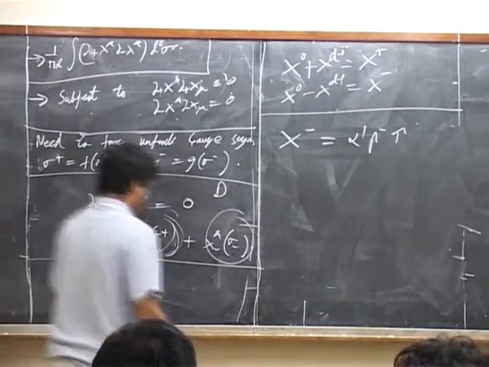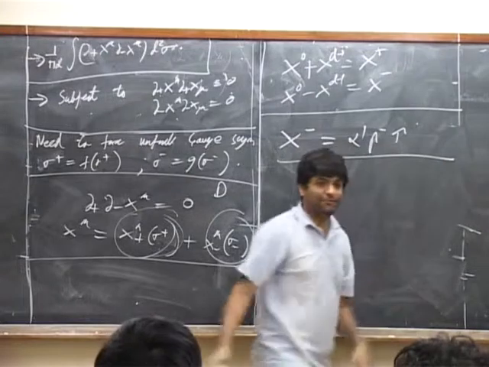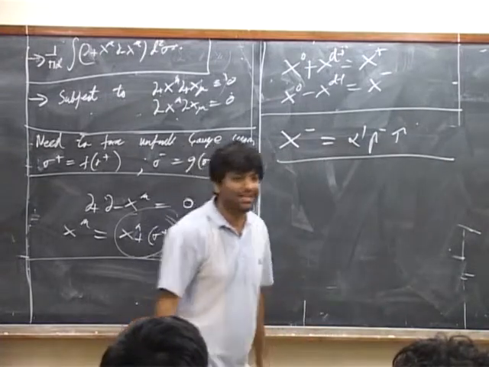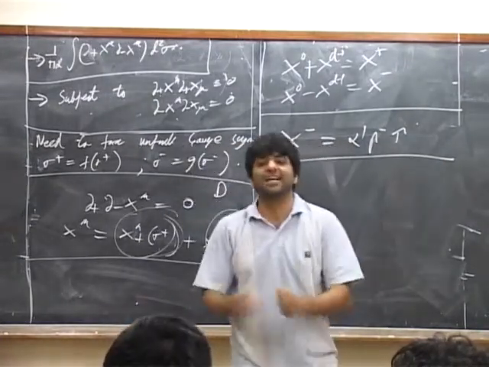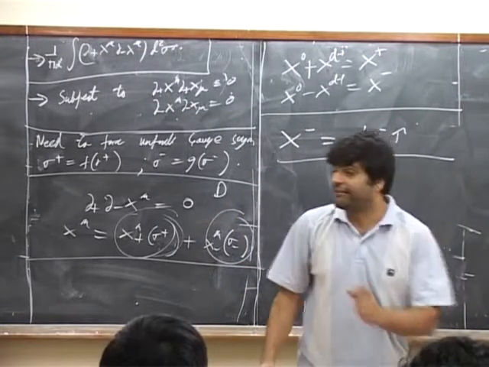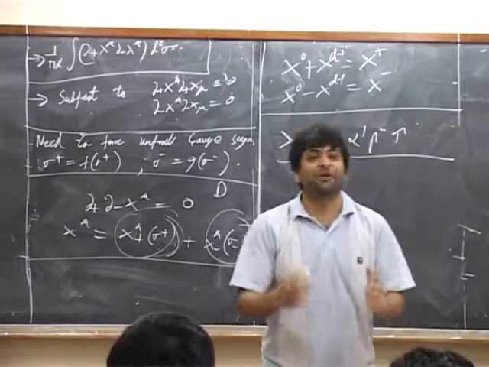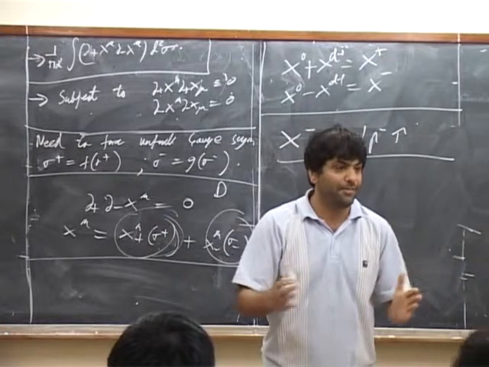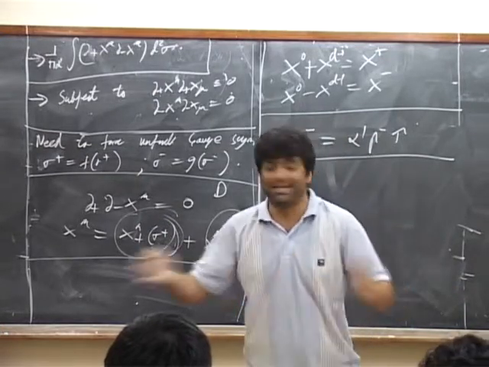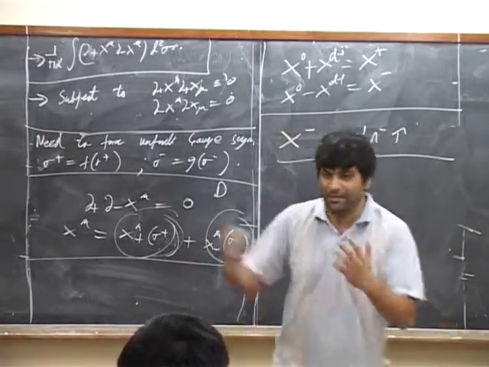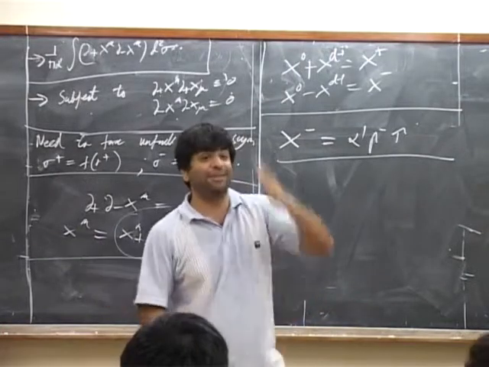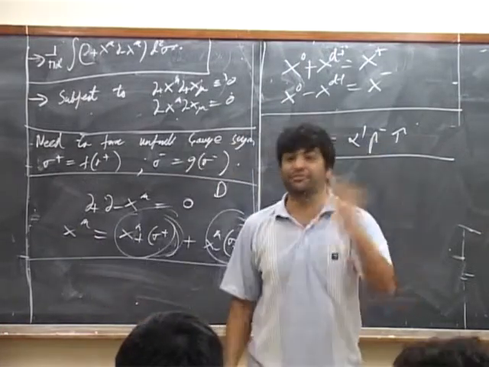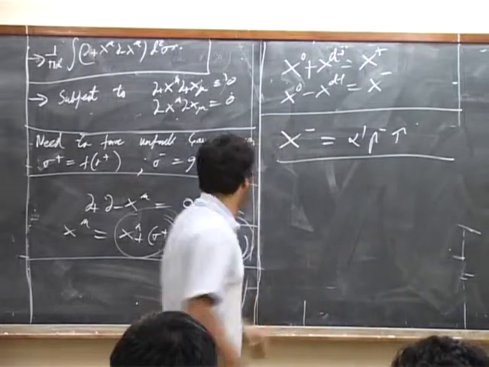This is the final gauge I'm going to fix, but I'll say it in a way that makes it sound less arbitrary. Firstly, what is p minus? At the moment, it's some undetermined number. I will convince you in a moment that p minus cannot be fixed. We don't have the freedom to rescale p minus. Different p minuses give you physically different solutions.